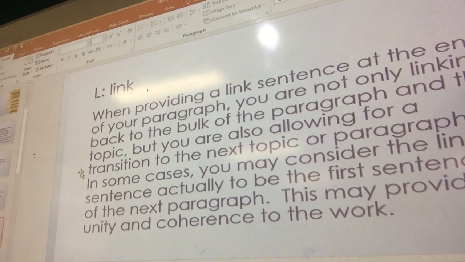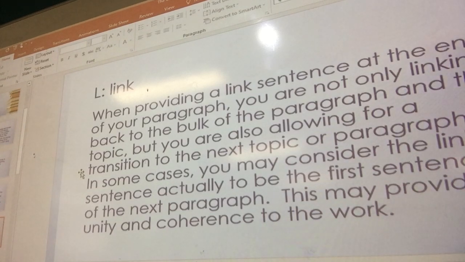It's not choppy. You're not bouncing from one subject to the other.